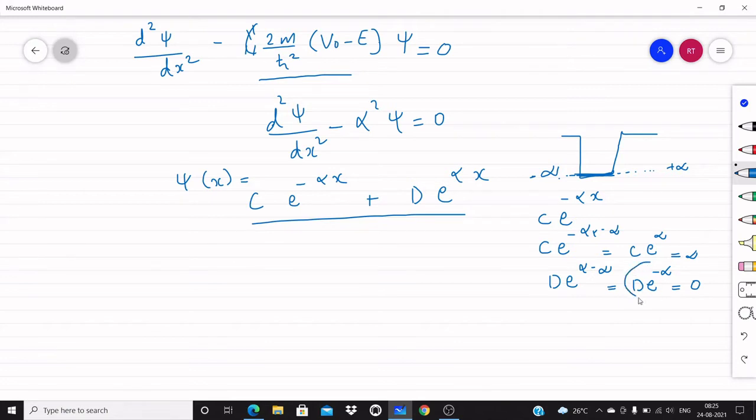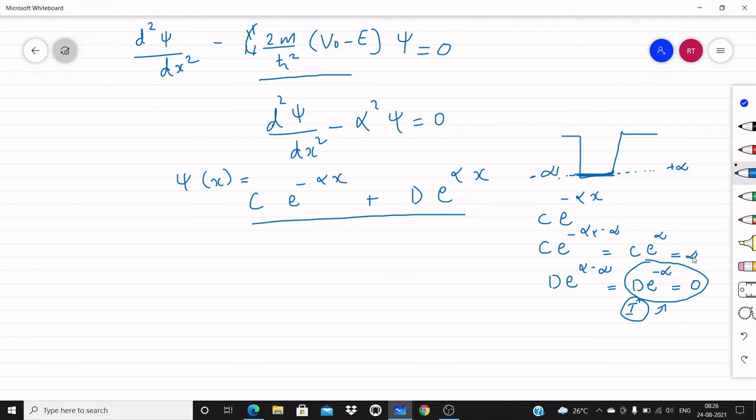That means this term helps the wave function to be converging in region 1. So we have to retain this term in region 1. The other one is a diverging value, so we need not consider it, because the wave function says about the particle being present in the considered region.